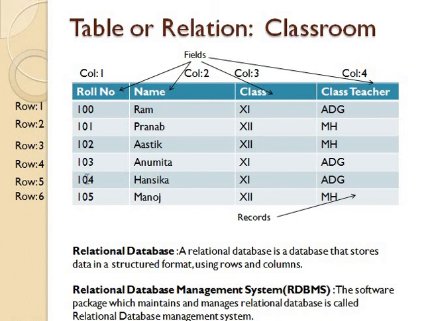The data item 104 is located in row 5 and column 1. Similarly, let's find the location for the data item Pranab. Pranab exists in row 2 and column 2.